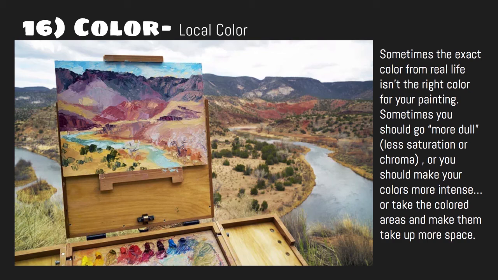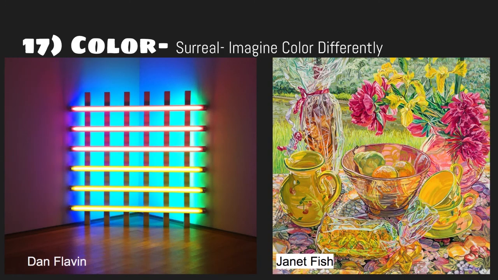All right, number 17. Surreal color. What impact does having an extraordinary color have on an artwork? Here's 2 examples. Dan Flavin, his artwork is conceptual, so he uses a lot of lights and lighting in his artwork. And the pictures are way less cool than actually seen in person.